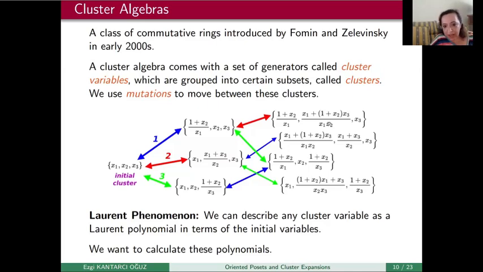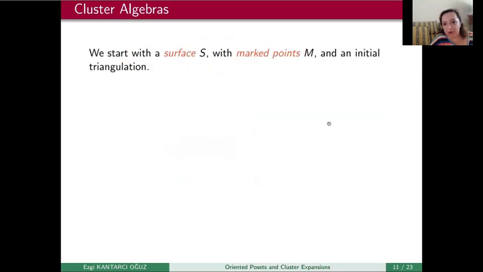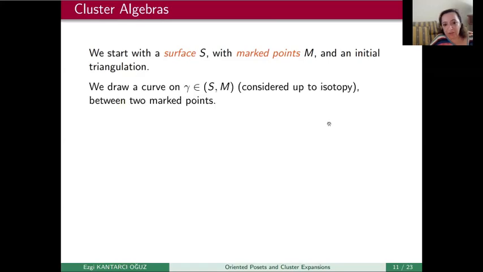But the setting I'm working in is actually more geometrical or topological. We start with a surface, and the surface has some marked points. They might be on the boundary, they might be inside, there might not be a boundary. And then we have a triangulation of the surface. That's called an initial triangulation. And then we draw curves on the surface, connecting two marked points.